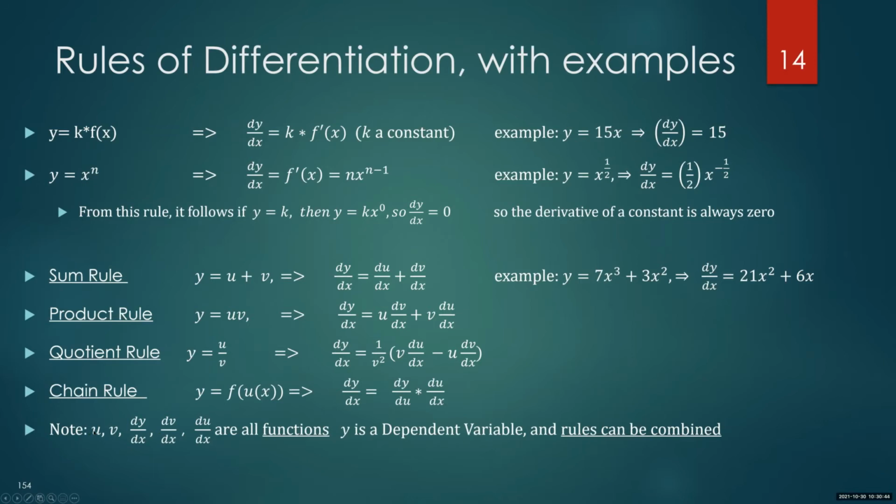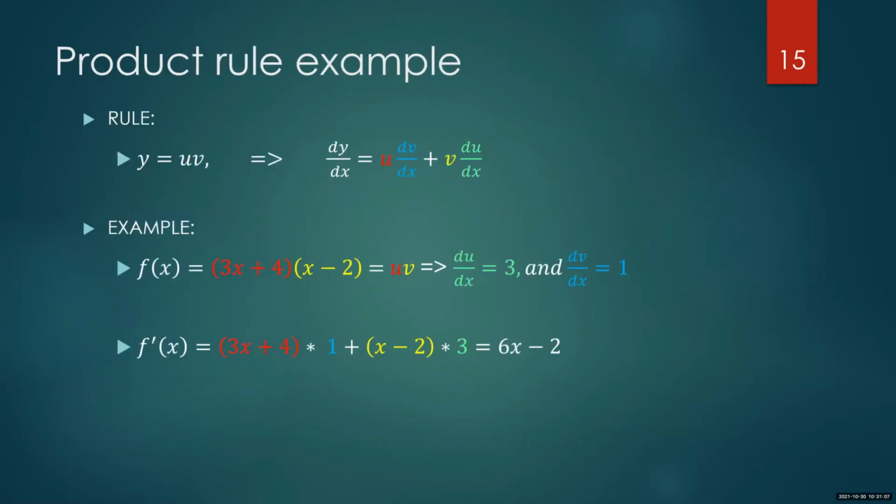Note that u and v, dy dx, dv dx, du dx are all functions, and y is a dependent variable. That means it depends on the value of x, and rules can be combined. You can combine the chain rule, the product rule and the sum rule as appropriate, depending on the nature of the problem you're trying to deal with.